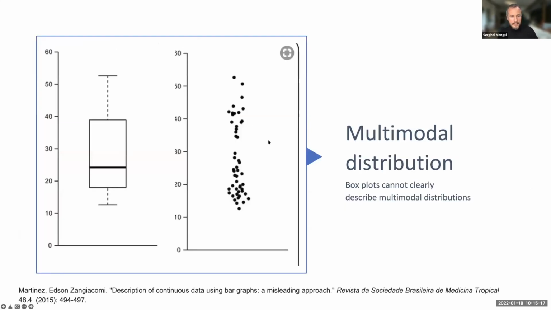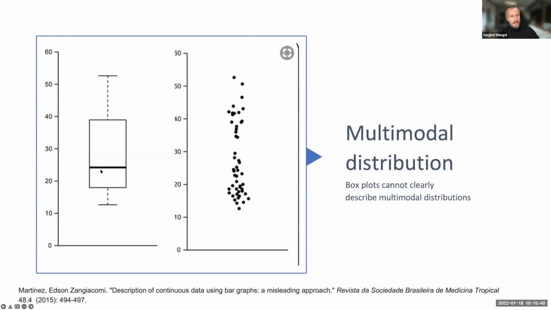So something like that, right? If that's your distribution, every dot here is some sample. That's the overall sample, but every dot will be some measurement, right? So you can see that there are actually 2 distributions, somewhere on the top here and somewhere on the bottom here. But the box plot will squeeze it into one measurement.